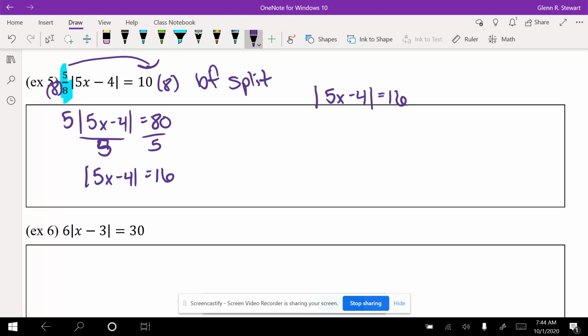Now that you have that absolute value completely by itself, that's when we can split it into 2 different distinct problems. So 5x minus 4 equals 16, and 5x minus 4 equals negative 16.